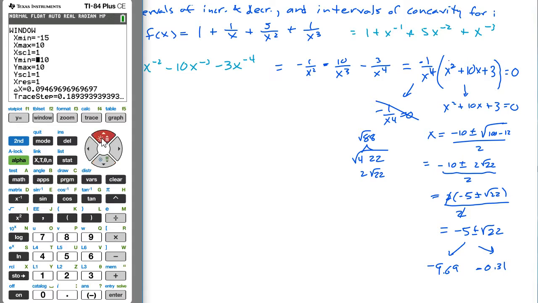I'll make y min negative 0.001 and y max positive 0.001, just to make sure that everything looks like we expect, based on our solution from the quadratic formula. My scale, I can't use 1 anymore because I'm looking at such a narrow range, so I'll make my scale 0.001. Okay, and now I'm going to graph it.